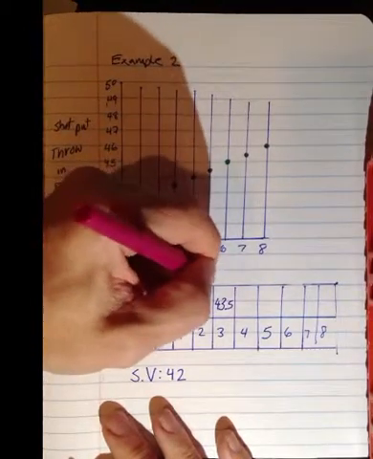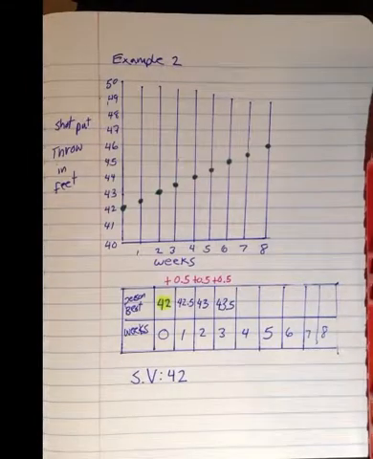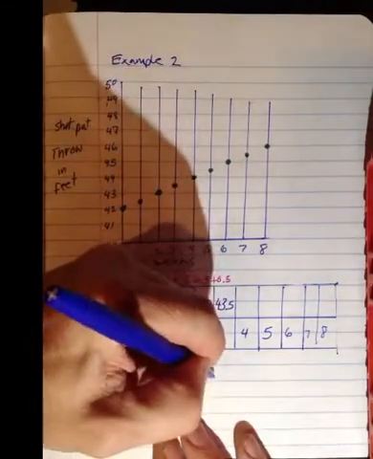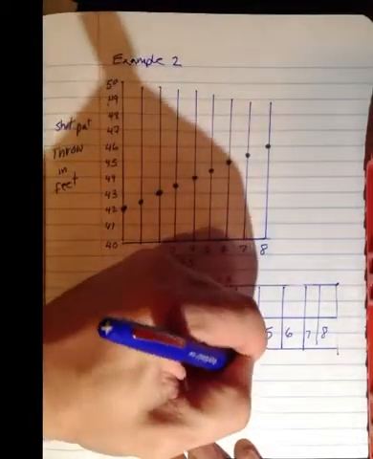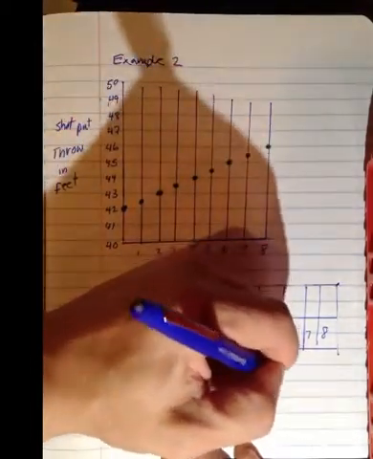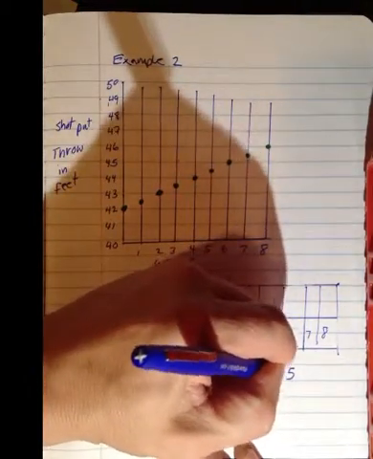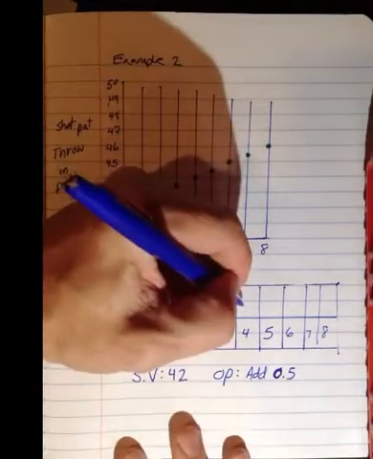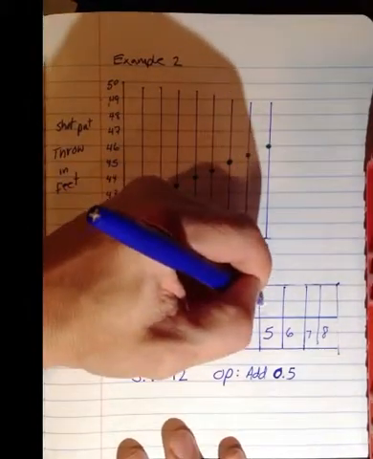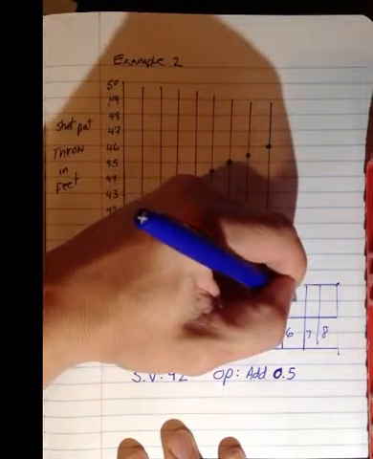Start value was 42 and the operation was to add 0.5 each time. So I can use that recursive sequence to fill out the rest of my table.